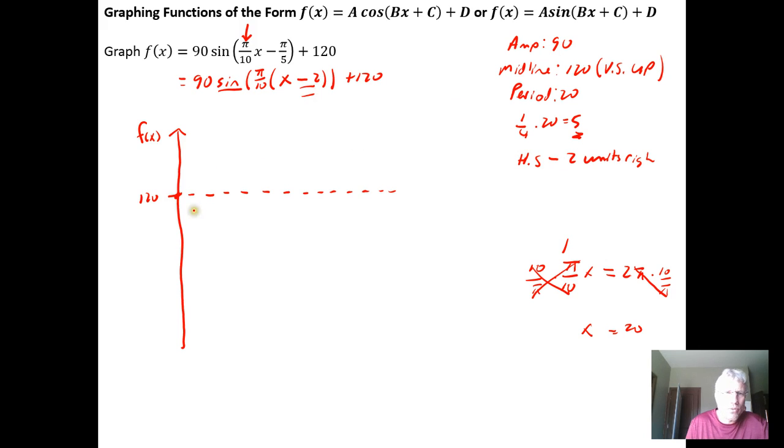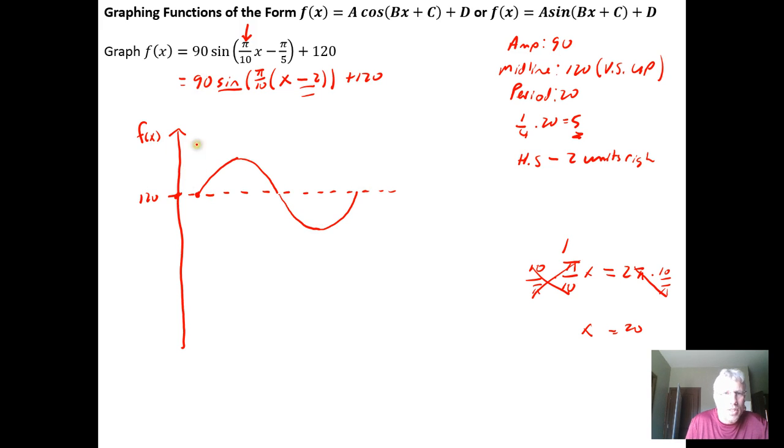So we do that horizontal shift and we're going to start drawing here. We just pick a spot to be 2 units over, and then there's no reflection, so I'm just going to draw what the sine function usually looks like. It goes up to its highest point, comes back down to the midline, drops down to its lowest point, and comes back up to its midline. So there's one full cycle of the sine function.